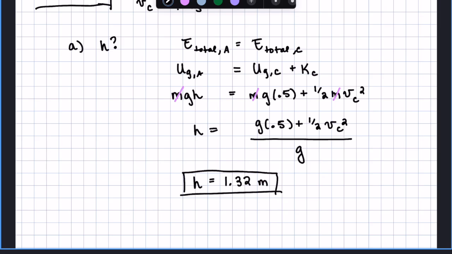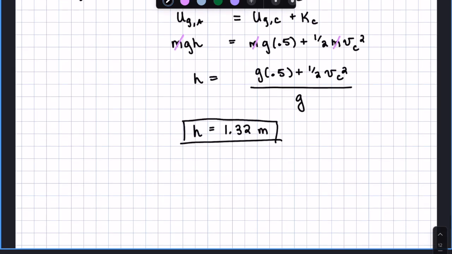For part B, we want to draw and label all the forces acting on the block when it's at point B, which is 0.5 meter above the ground.